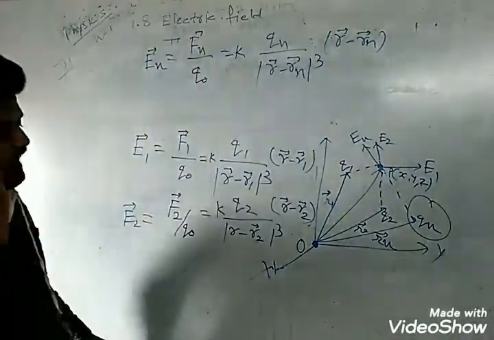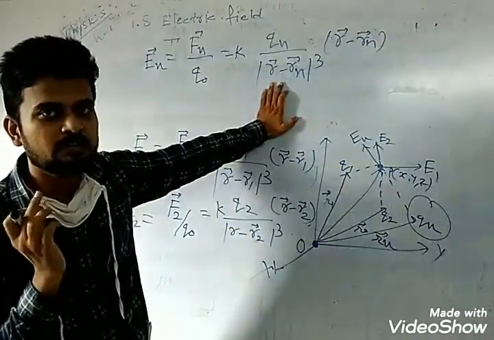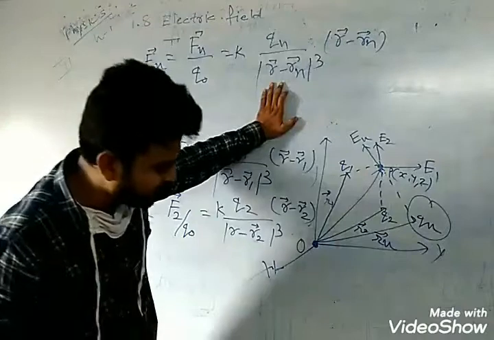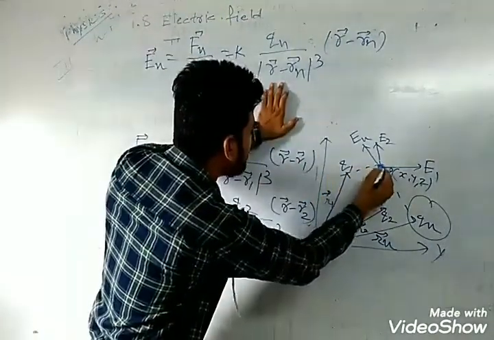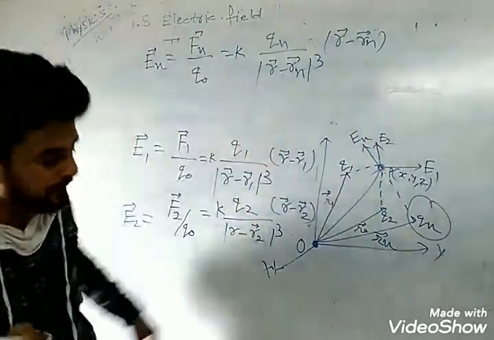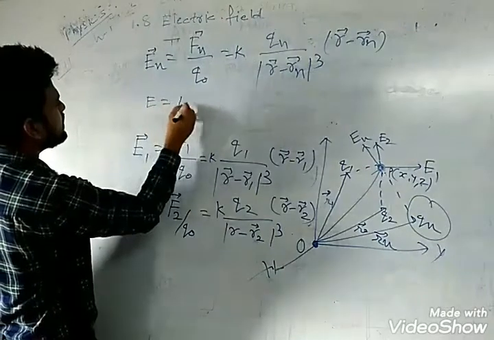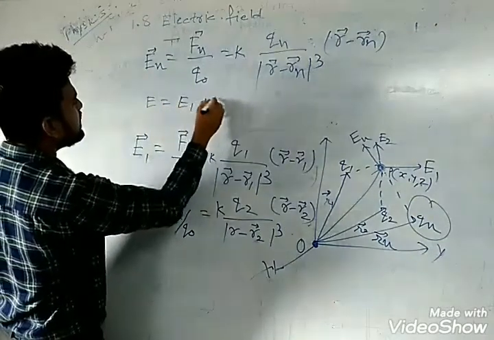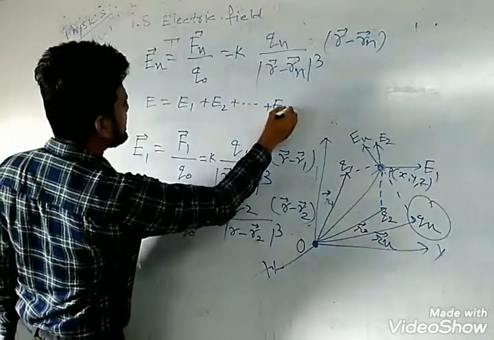According to the superposition principle, the net electric field at point P, E, is equal to E1 plus E2 plus up to En.